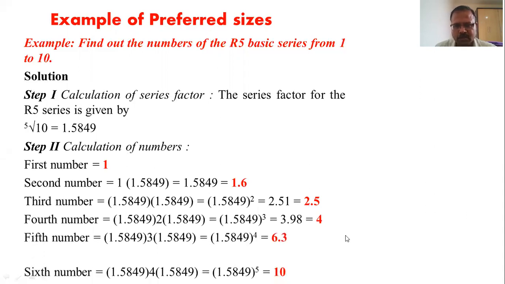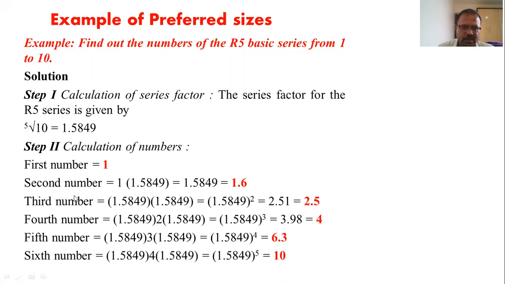We can obtain the different numbers. Obviously, in R5 series, the last number will be 10 because we are calculating numbers from 1 to 10. In this way, we can build any series. If we're talking about R10 series from 1 to 10, then we will get 10 plus 1 numbers.